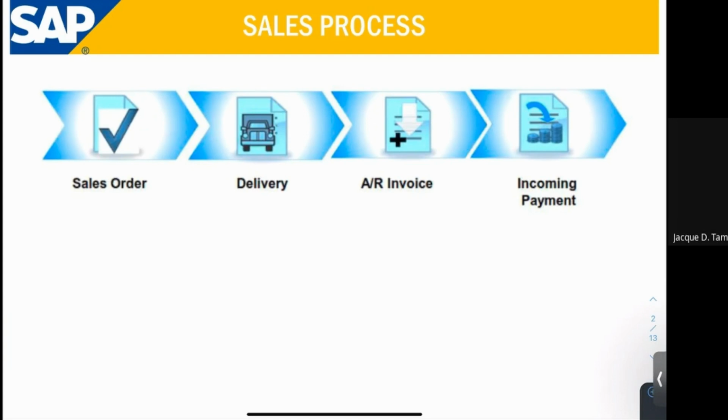Now, in your sales order, of course, the sales order will be initiated by your customer, and your sales order normally affects the stock, as to how many stocks we have in our inventory. But in your SAP, we have this so-called stock commitment.